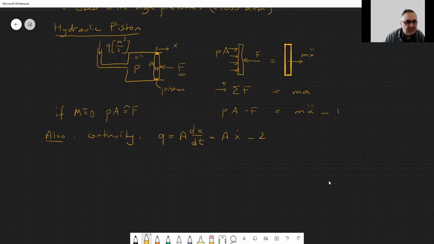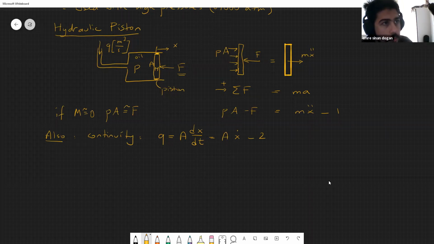This is essential, assuming that the fluid, the oil, is incompressible. I hope you understand this. The flow rate is equal to the rate of displacement of the piston, okay, the rate of displacement of the piston is equal to the flow rate coming in to the piston.